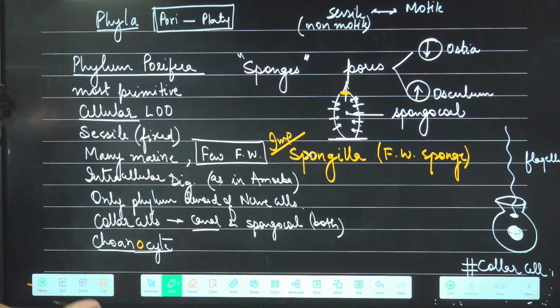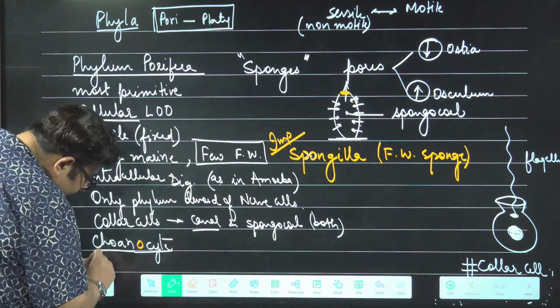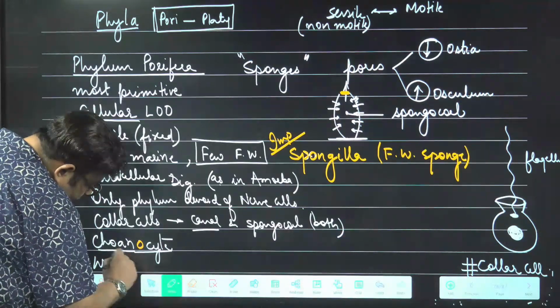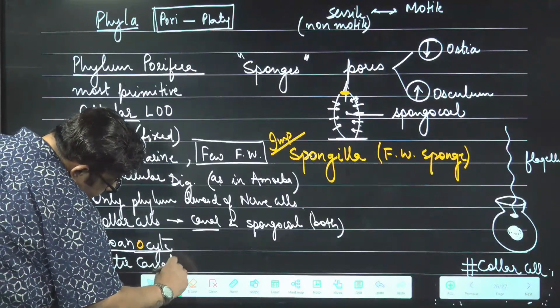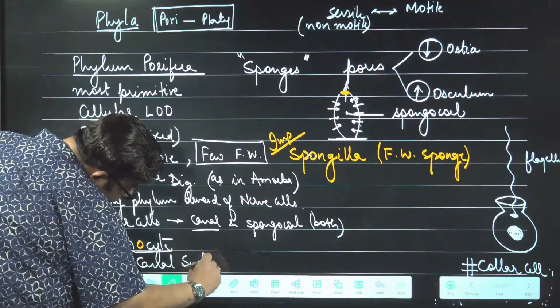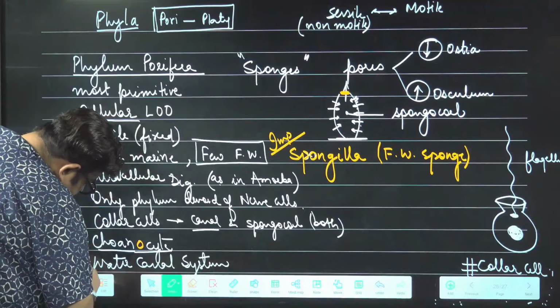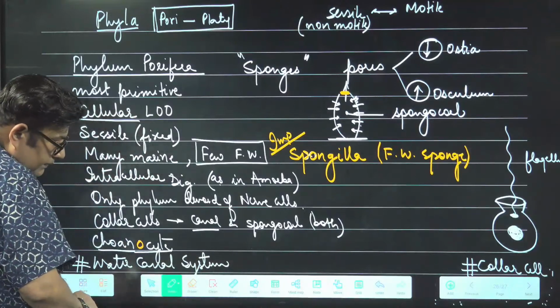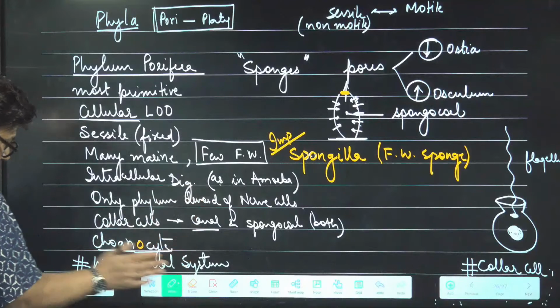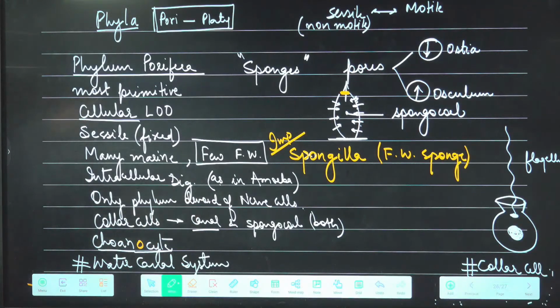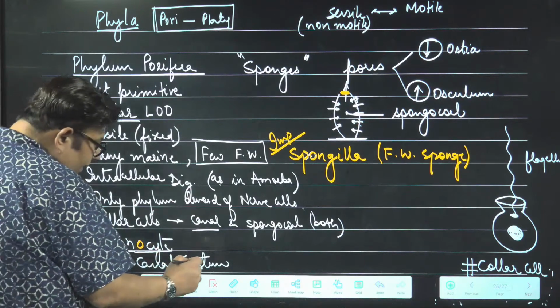Hashtag, water canal system. The water canal system is also something hashtag. Because of these choanocytes, there is a canal system found. Hashtag in this, that means no other phylum has this. This is their lifeline.